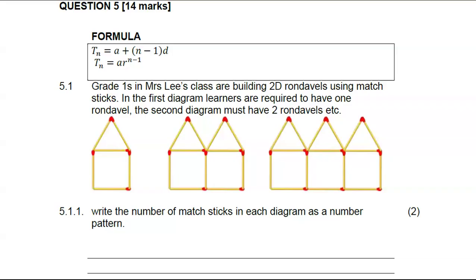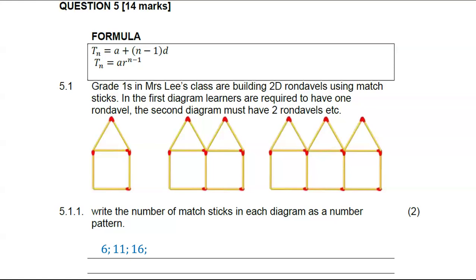Do you notice the pattern? What is happening here? In each diagram, we keep on adding how many extra matchsticks? We keep on adding 5 matchsticks. So to move from 6 to 11, we added 5. To move from 11 to 16, we added 5.